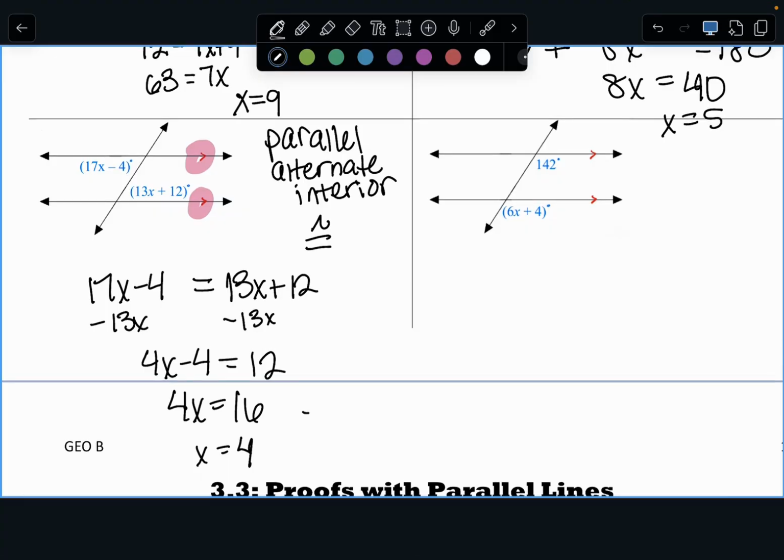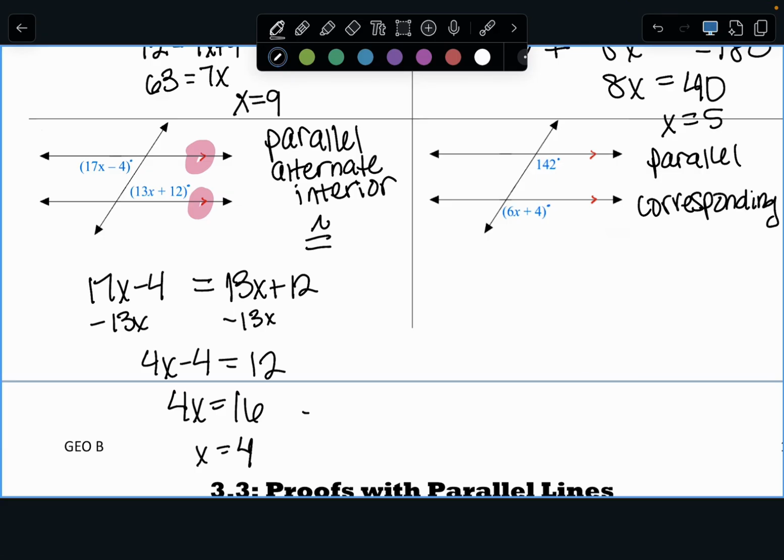But last one. Parallel lines, yes, good. So we can use all of these theorems and set things equal. Inside or outside? Neither. So we're hoping that it's corresponding. Are these ones corresponding? Yes. Yep, they're both in the bottom right.